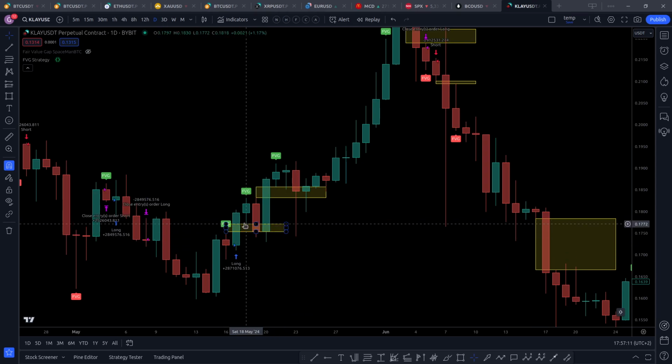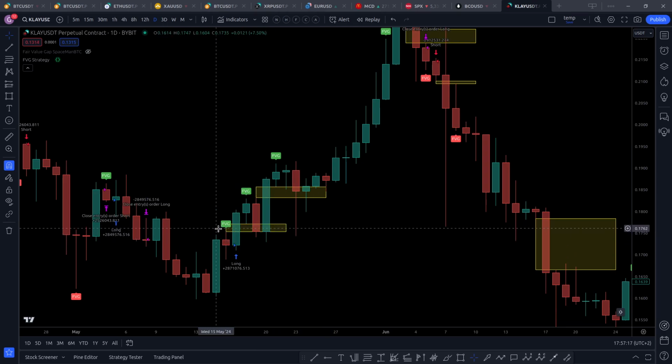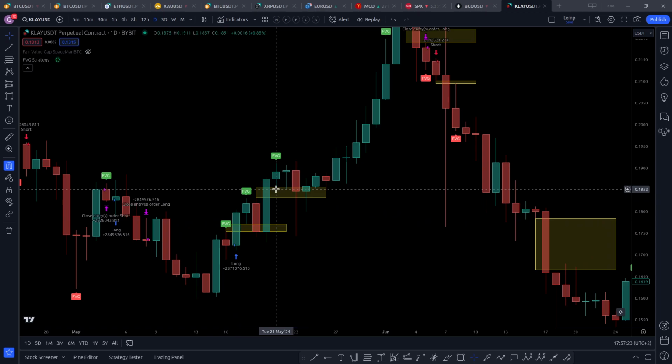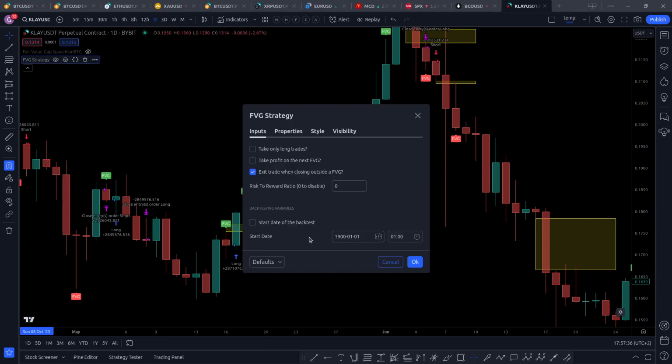There are all kinds of strategies to buy when you come back into the fair value gap, but this is not what this bot is doing. As soon as a fair value gap is formed, it will buy, and then if needed, it can close the position on the next fair value gap and buy again. This would avoid that you get too much drawdown.